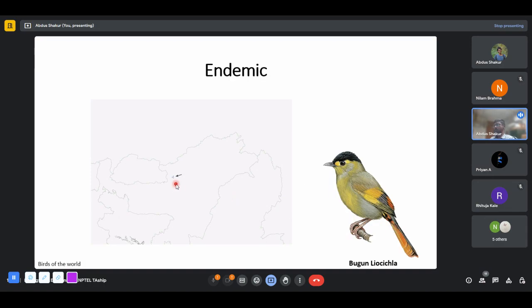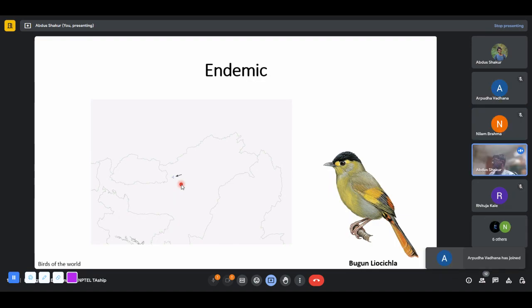It's found near this village called Bugun, and it's found in just the Eagle Nest Wildlife Sanctuary in Arunachal Pradesh, and in very few populations, hardly, I think, around 30 individuals of the species exist. These sorts of distributions are called endemic. These species are called endemic because they are found in just a few locations and are not found anywhere else.